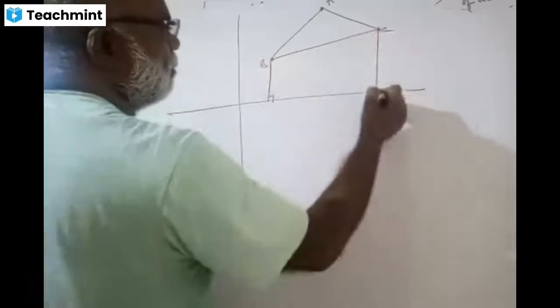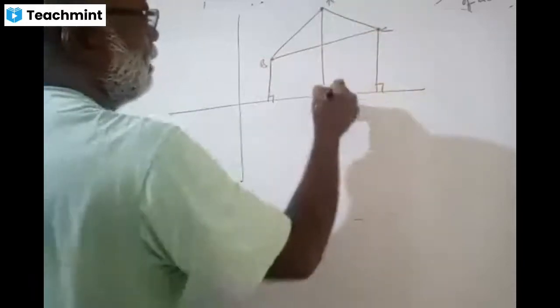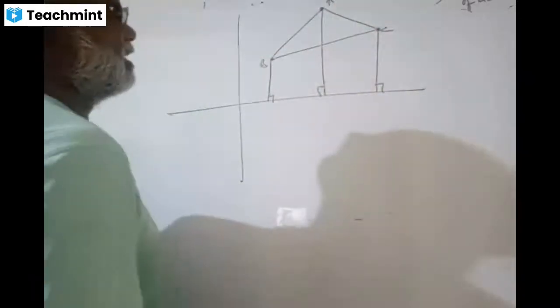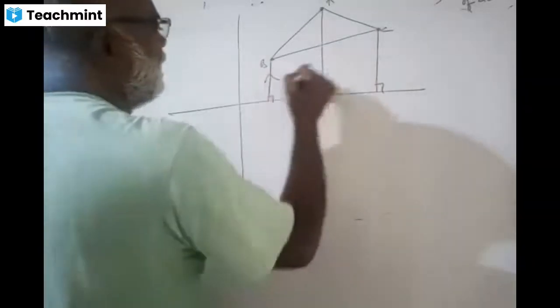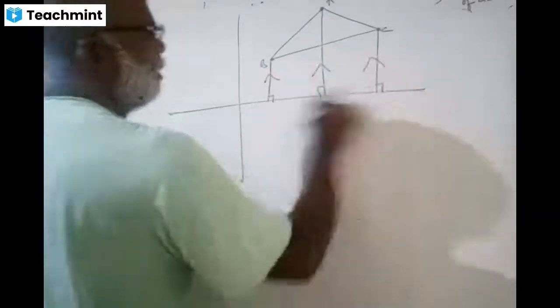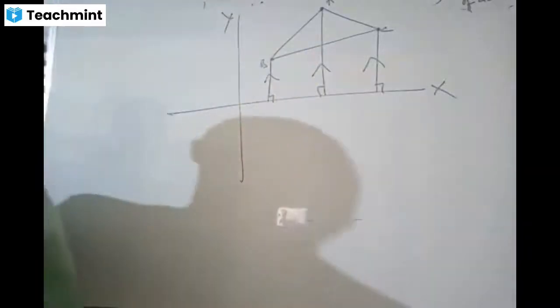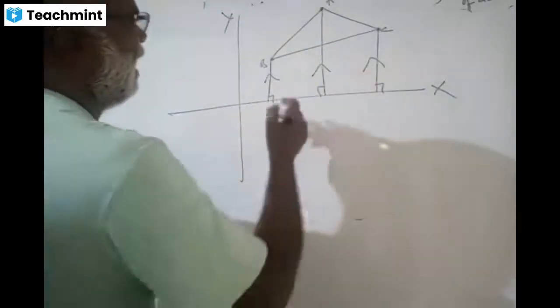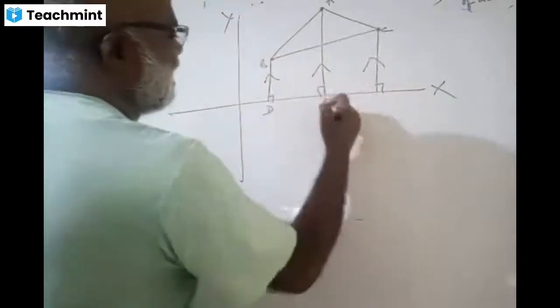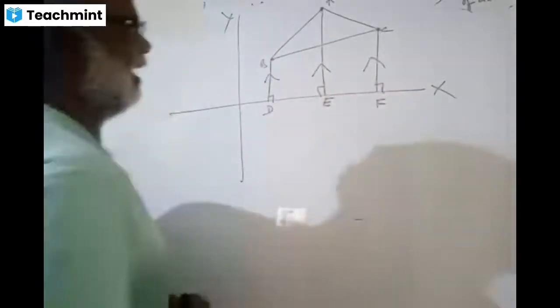Draw perpendiculars. Friends, all the three are parallel and perpendicular to the x-axis. Do you agree? Yes, sir. And A, B, C, D, E, F. Can anybody tell?